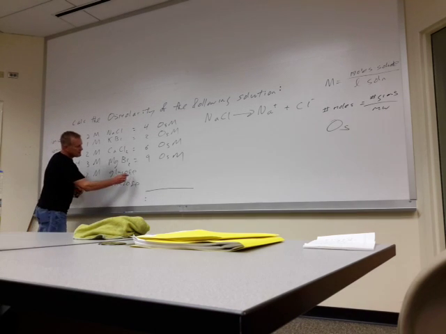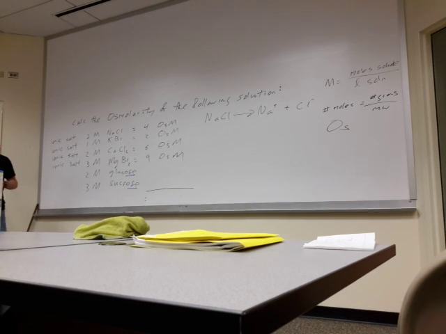What are these molecules that end in ose? Are they salts? No. What are they? They're sugars. And what type of bond do we have between the atoms in sugars? Covalent.